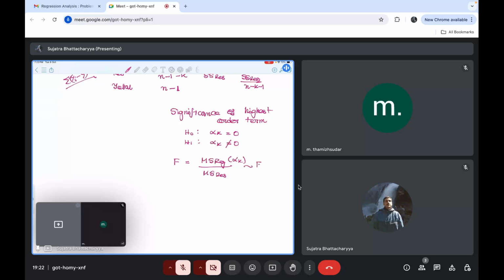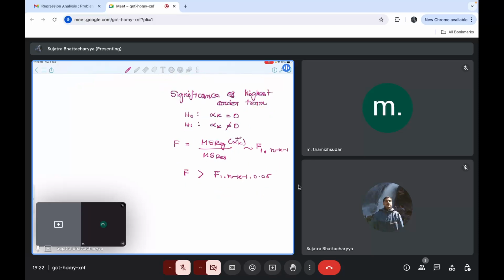The numerator has 1 degree of freedom because we have taken one regressor, and the residual has n minus k minus 1. So this is how the test statistic has to be formed. If F is greater than F(1, n minus k minus 1) at 0.05 or 0.01, whatever you want, then you say that alpha k is significant, or significantly not equal to 0. So this is how the testing has to be made.